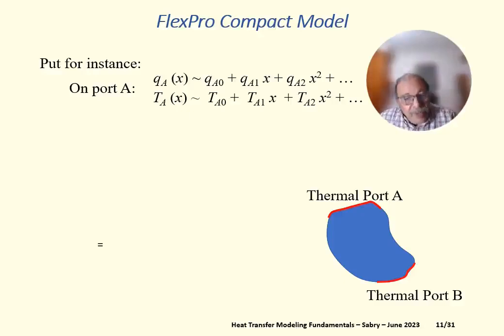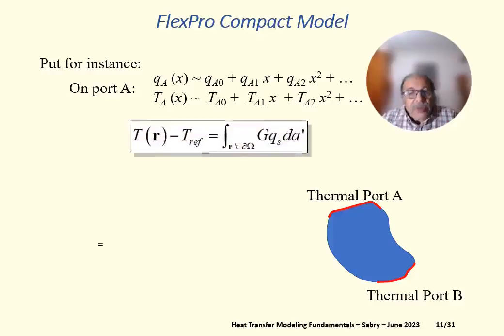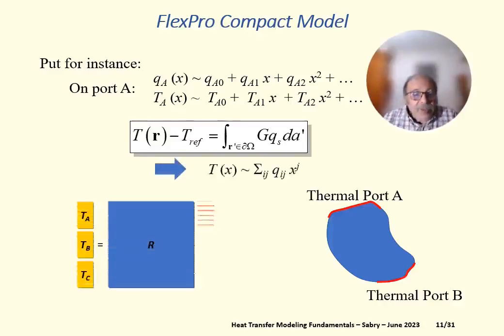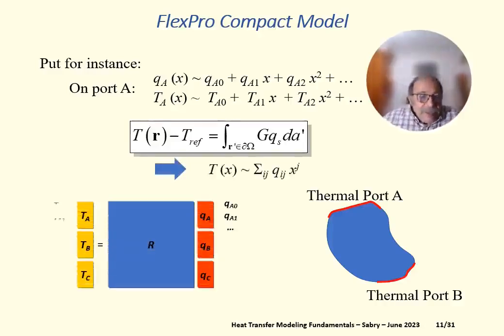It is a function of X, okay? Now, I will do that for all other ports, B, C, etc., any number of ports I may have. And then if I substitute these developments in the original model I have proposed, where you have an integral of Green function times Q equal to delta T, then this transforms into a larger matrix.